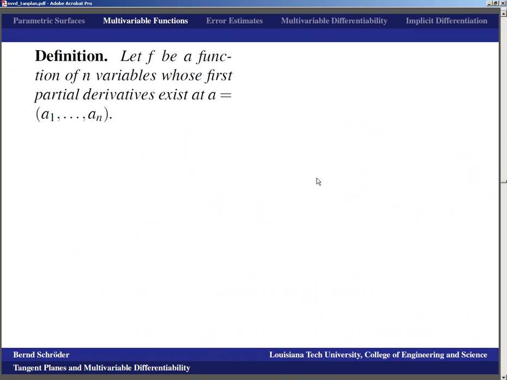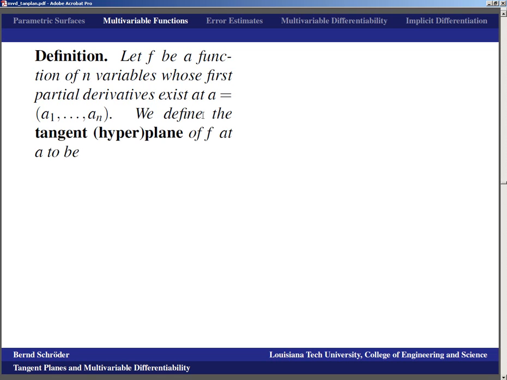If we want to do that abstractly, we of course would be interested in functions of n variables. If we have a function f of n variables whose first partial derivatives exist at the point a1 through an, then we define the tangent hyperplane of f at a to be the following. Again, it's a hyperplane if we've got more than two variables, otherwise it's a tangent plane.